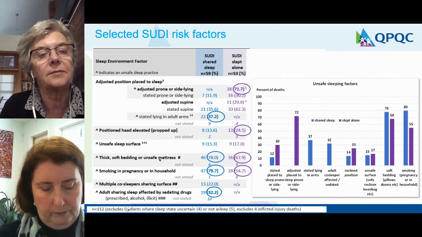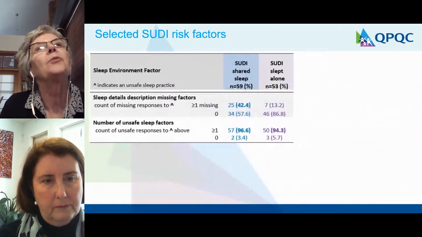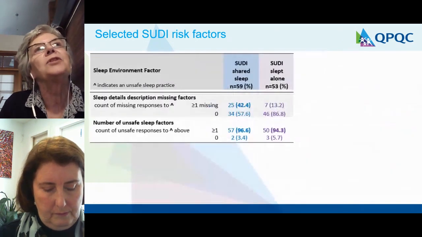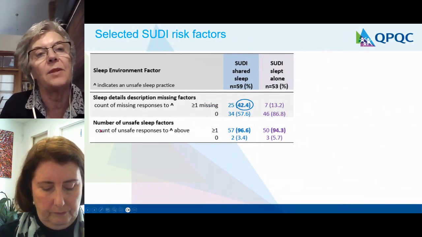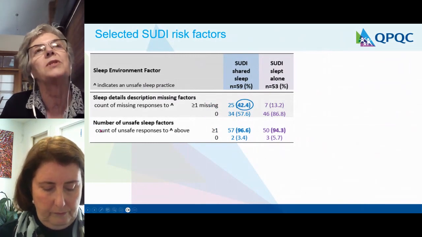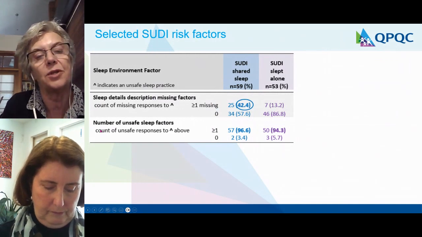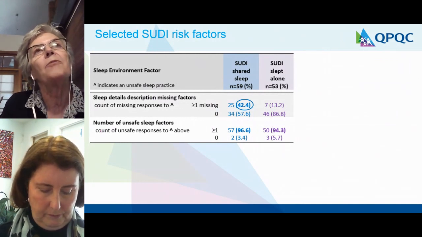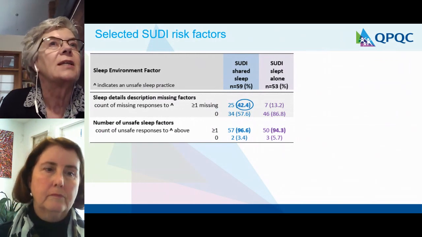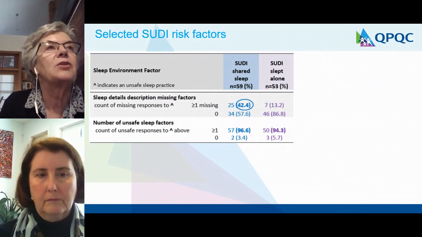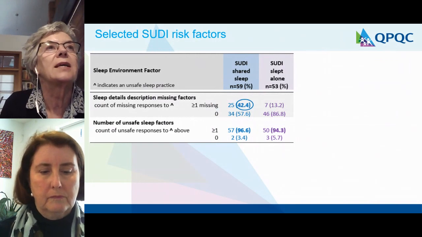And then when we looked at the whole group, we discovered that, unfortunately, in the shared sleep group, over 40% didn't have all the details that we needed listed in their police investigation. The investigation was much more precise for the SUID who slept alone. Regardless of whether factors weren't mentioned, still almost 100% in both groups had unsafe sleep factors.